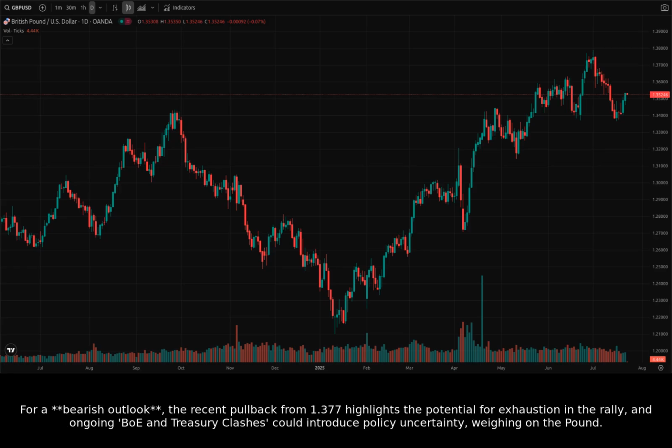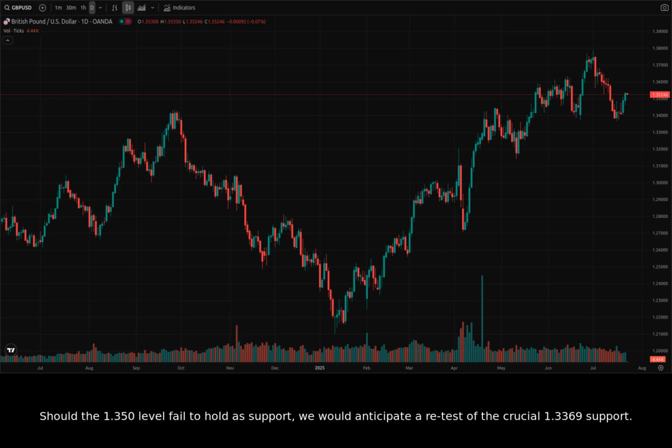For a bearish outlook, the recent pullback from 1.377 highlights the potential for exhaustion in the rally, and ongoing Fed and Treasury clashes could introduce policy uncertainty, weighing on the pound. Should the 1.350 level fail to hold as support, we would anticipate a retest of the crucial 1.3369 support.